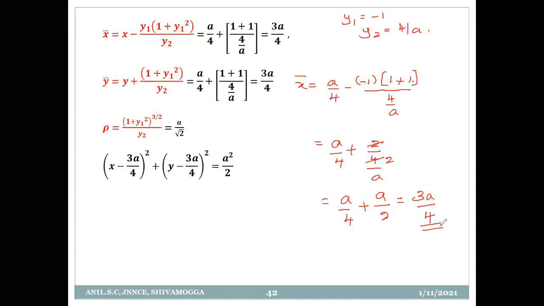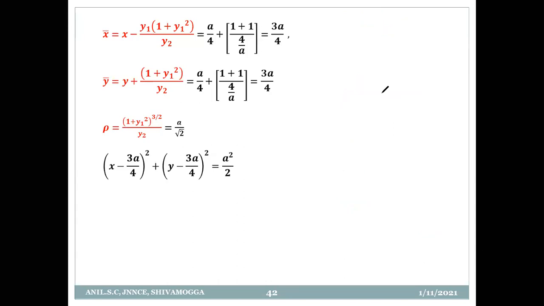Similarly, we find y bar. Y bar is given by y. Y is a by 4 plus 1 plus y1 square. Y1 is minus 1. Minus 1 whole square is plus 1 divided by y2. Y2 is 4 divided by a.